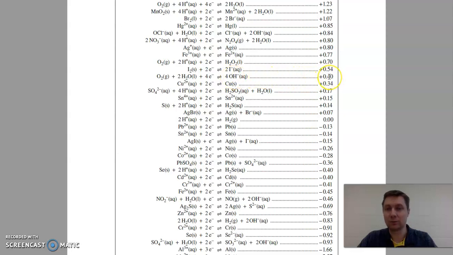And it's got an electrical potential of 0.4. And here's the reducing agent of iron solid. If this was to lose electrons, then this oxidation potential would be a positive 0.45 volts.